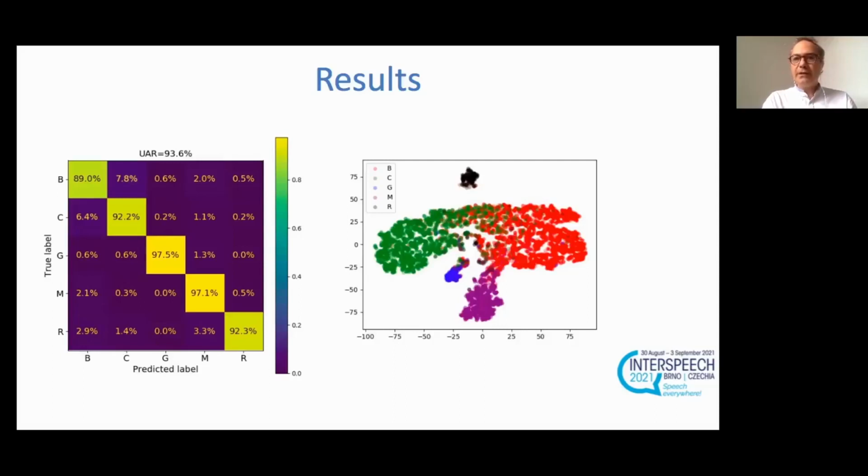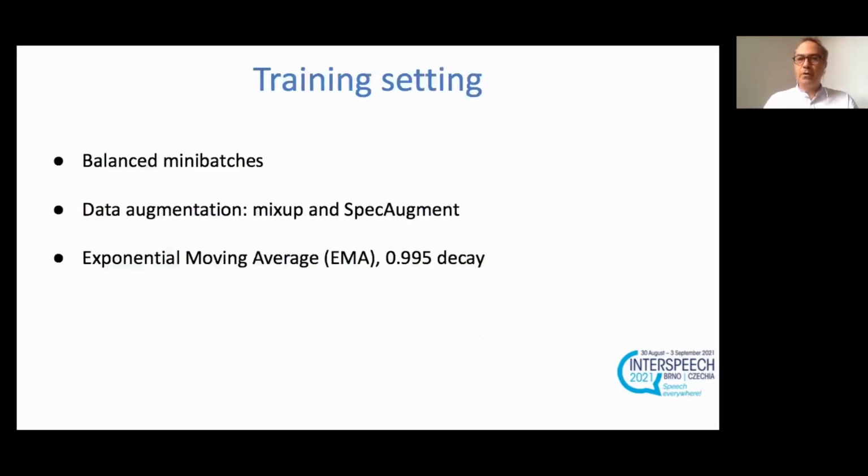And on the right side, you have a 2D representation of the embeddings obtained with the same model using t-SNE. We can see clear clusters for the 5 classes, but there is some overlap between the green and red points mostly, which are background and chimpanzee vocalizations.